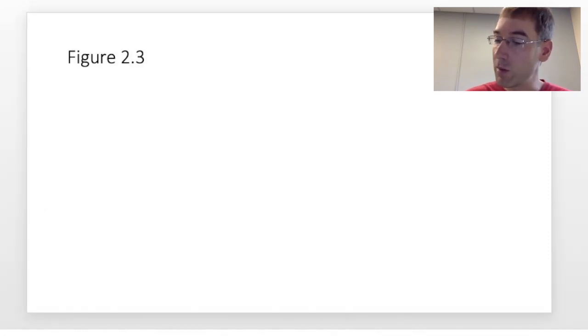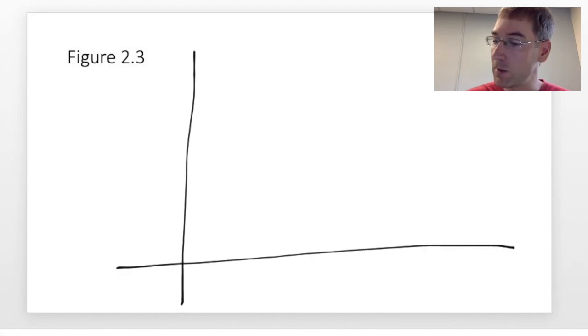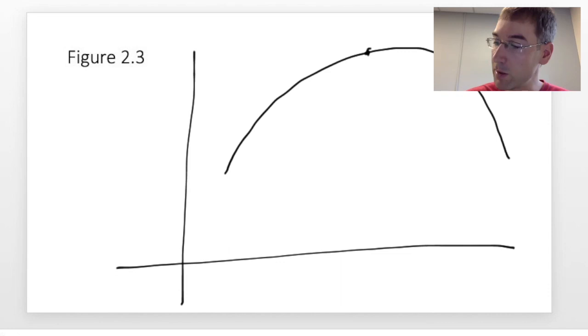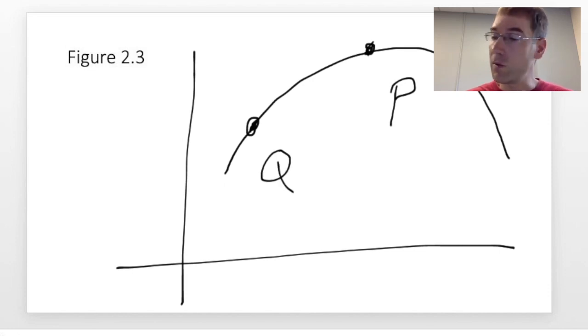So let's just suppose our curve looks something like this. And we're interested in tangency at this point P. So what we'll do is we'll look at a nearby point on the curve, call it Q. We'll form the secant line, the line through these 2 points.